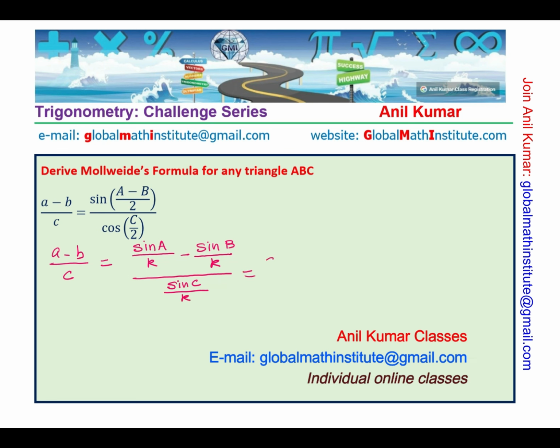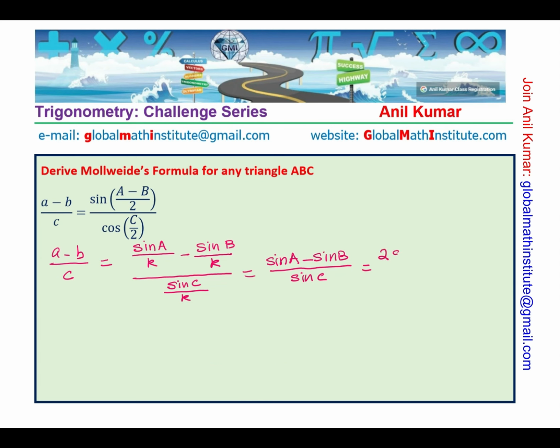K cancels, we get sine A minus sine B over sine C. Now we'll apply the difference formula, right? So we get 2 times cos of (A plus B) by 2 times sine of (A minus B) by 2, correct?